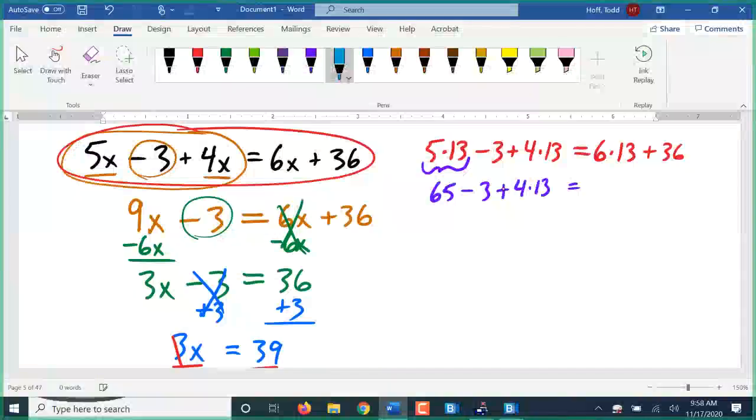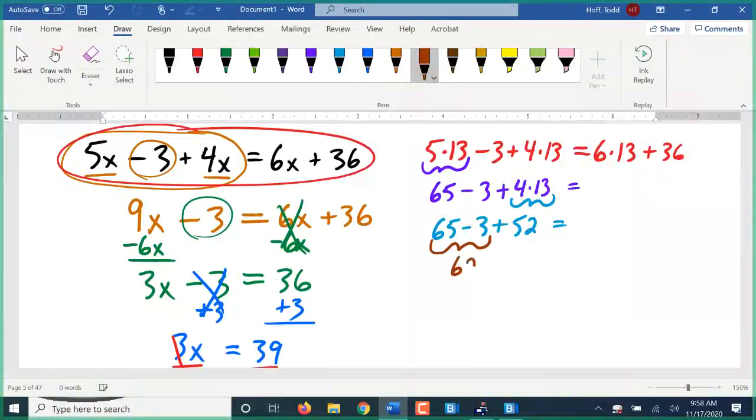And then we have 4 times 13, which is 52. Now we have addition and subtraction, so we're going to go left to right. 65 minus 3 is 62. And finally, 62 plus 52 is 114.